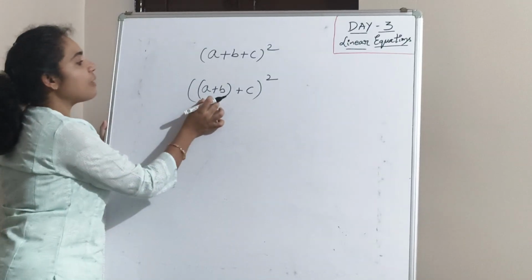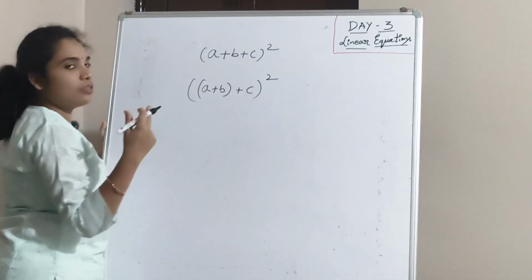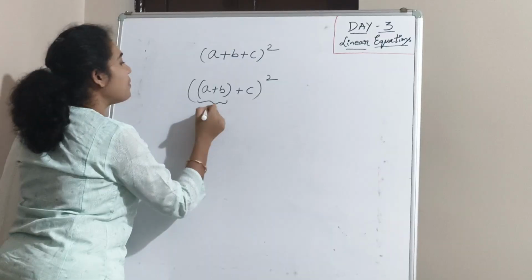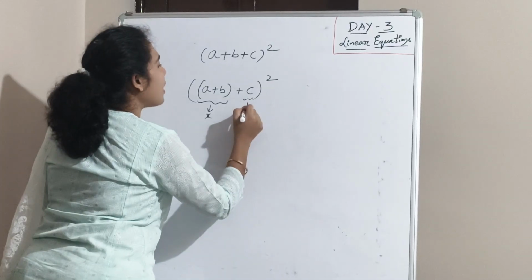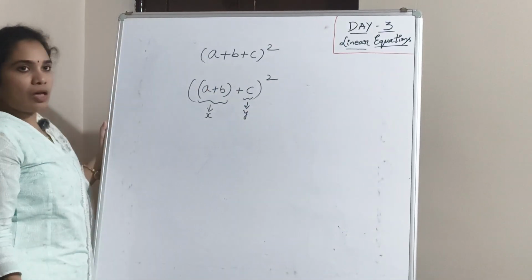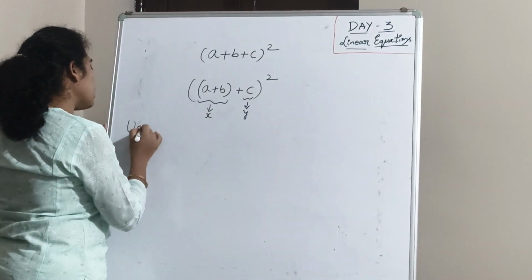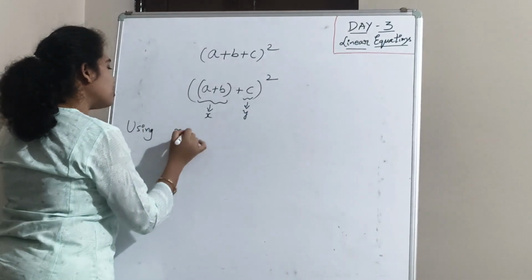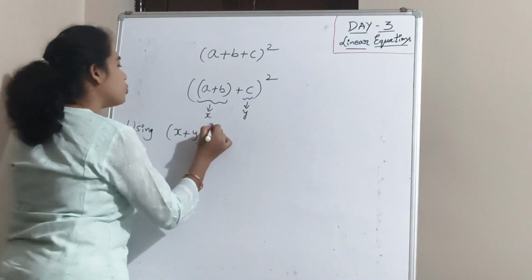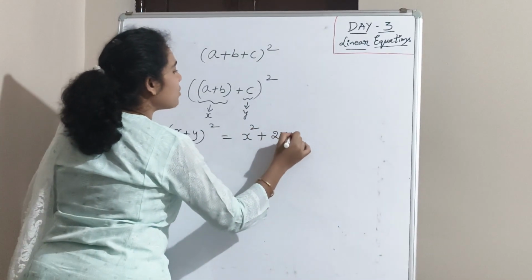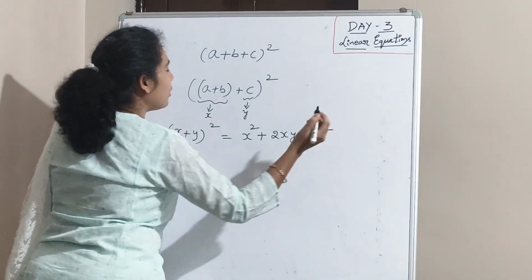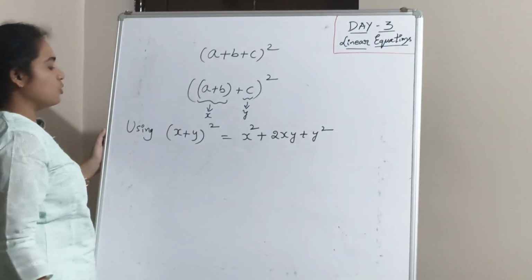Now, if we consider a plus b as one term and c as another term, you can take this a plus b as some variable x and this c as some variable y. Now, using (x plus y) whole square equal to x square plus 2xy plus y square, we can expand this one.